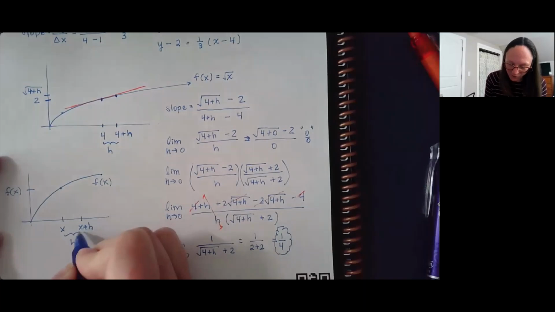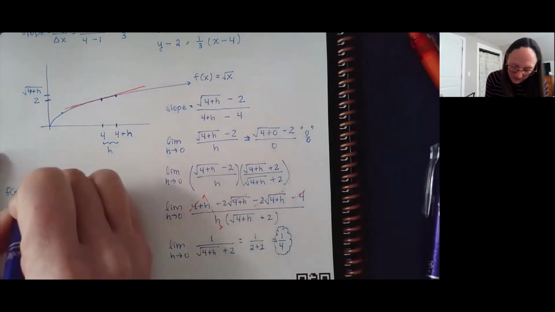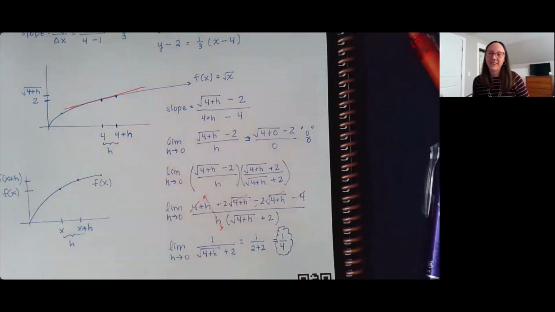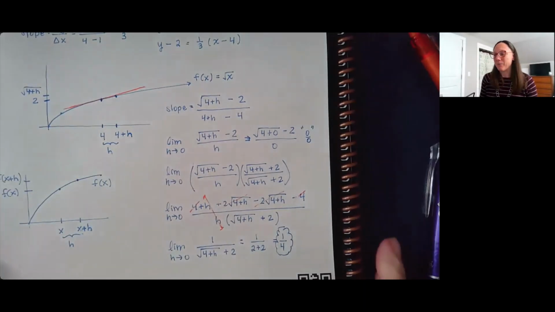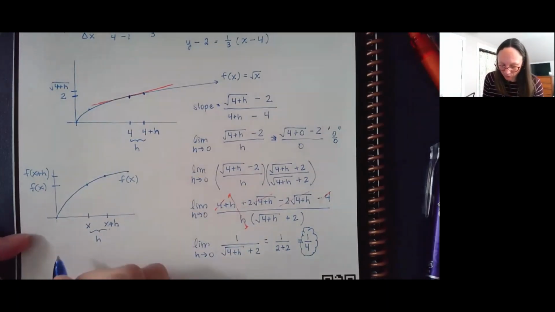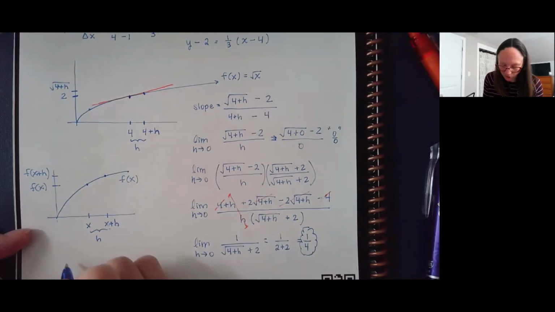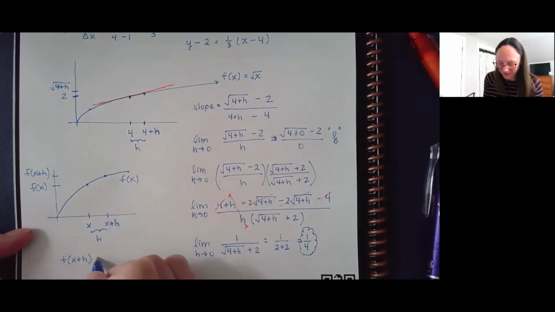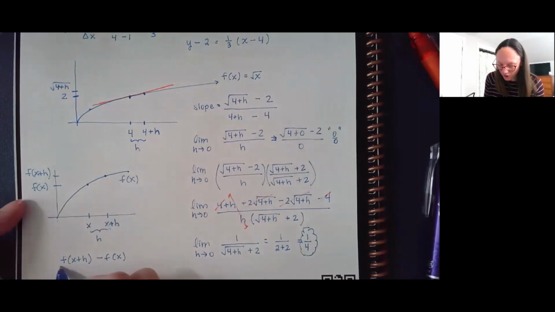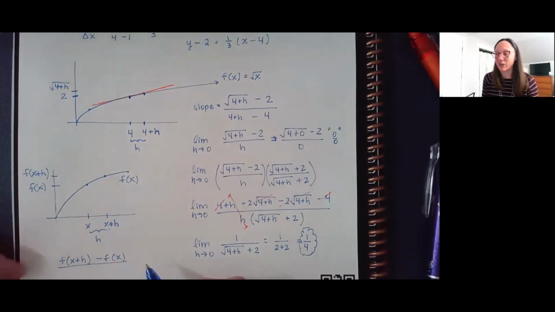And to get the y value at x plus h, that would look like f of x plus h. So when we talk about the definition of the slope at a point, we're really using this most generic form to say we would get our slope by doing the change in y values, or f of x plus h minus f of x, my change in y's, over my change in x values.